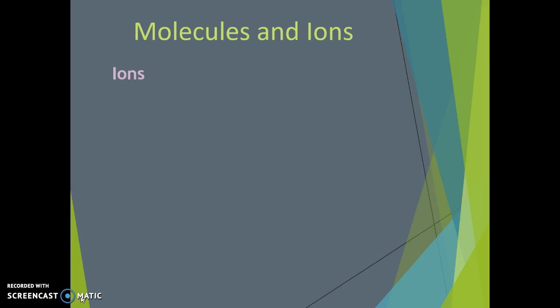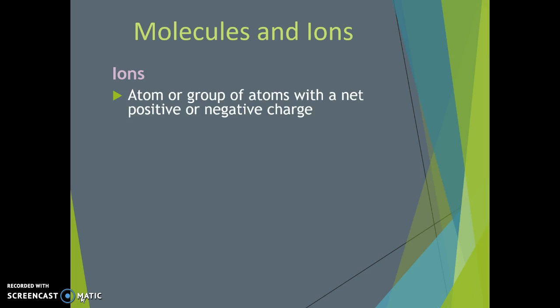Now, if compounds are not covalently bonded, they may involve ions. An ion, as you may remember, is an atom or group of atoms with a net positive or negative charge. The most familiar ionic compound is sodium chloride or table salt, which is formed when chlorine and sodium react.